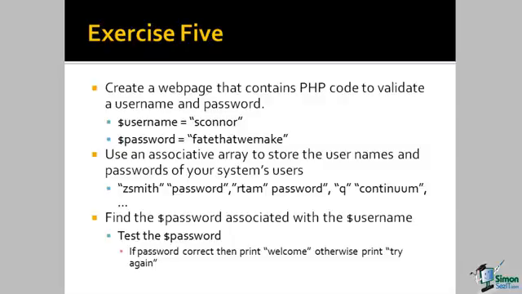It must obviously be in the array. And so if you find the password value associated with the username, then just echo a statement that says welcome. If you can't find the username, or if the username's password is incorrect, then print try again.